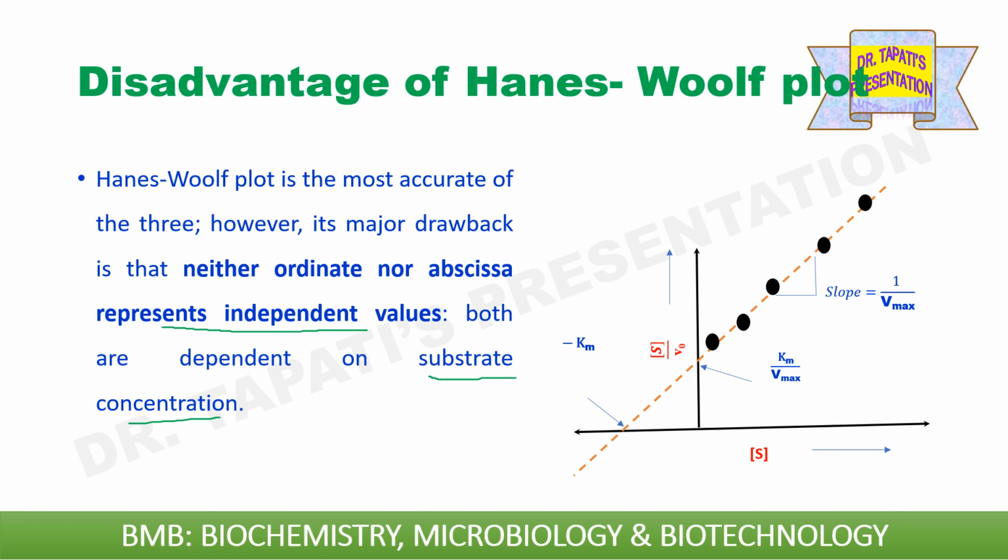We are plotting S divided by V0 versus substrate concentration, and another disadvantage is that we have to extrapolate it, and here we are getting substrate concentration as a negative value at this point, which is not possible in practice. It's just an imagination.